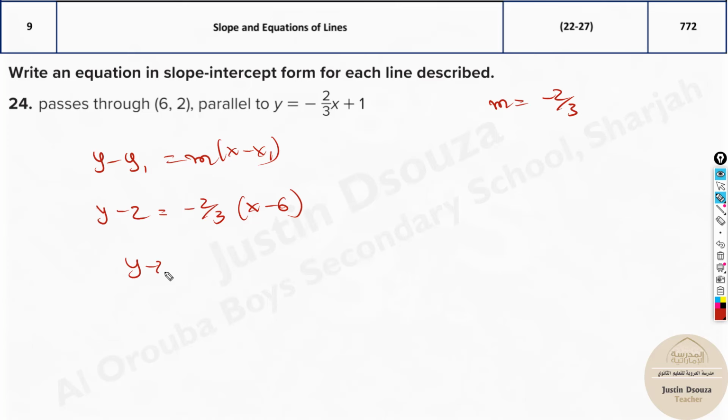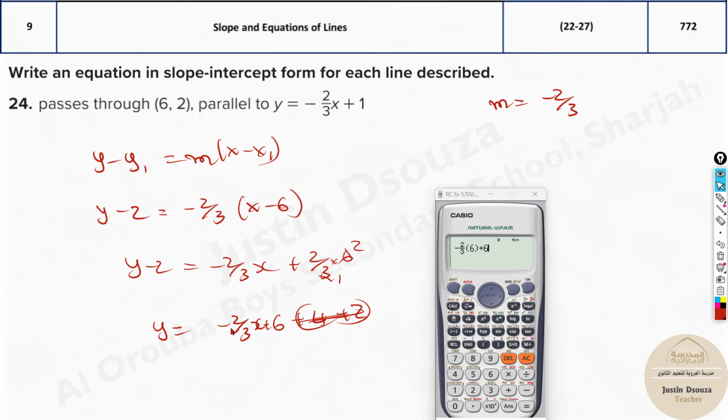Now what you do is y minus 2 will be equal to negative 2/3 x plus 2/3 times 6, because minus minus is plus. 1 time, 2 time, it will be 4, and negative 2/3 x, and this 2 comes over here, it will be plus 2, this becomes 6. So it's negative 2/3 x plus 6 as the answer. Now let's do it in the calculator as well. So I've typed this equation in the calculator.